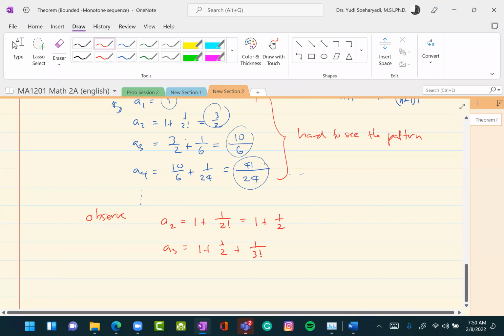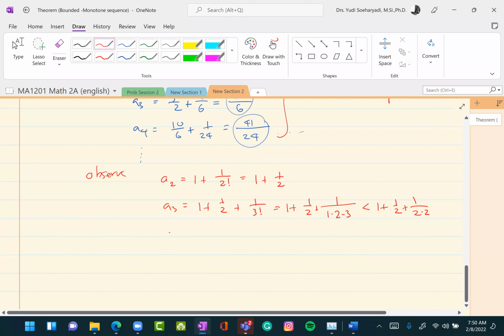Okay, so that is less than 1 plus... this is less than... So you replace this 3 by 2, making this larger.